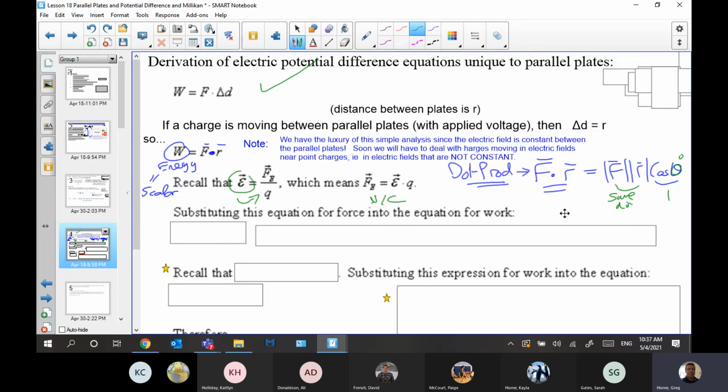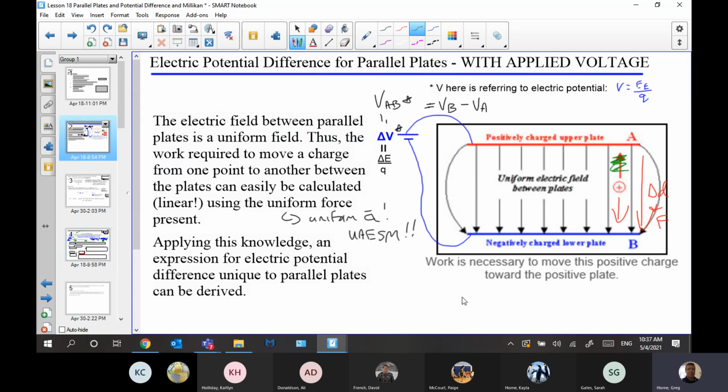Oh, actually, we're just solving the equation at this point. So we're solving for the electric force so that we can put the force value into the work concept. So we're just saying, if you know the electric field intensity, basically here there's going to be a known electric field intensity.